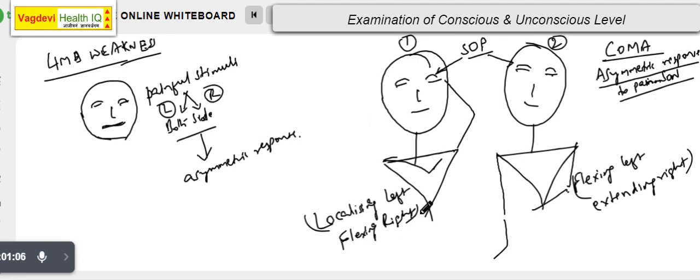Flexing the right, and flexing the left. Both are different. But can you see one thing? That when the left part of case 1 was pressurized, the right part of the limb was flexed.